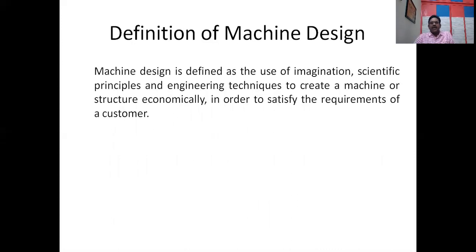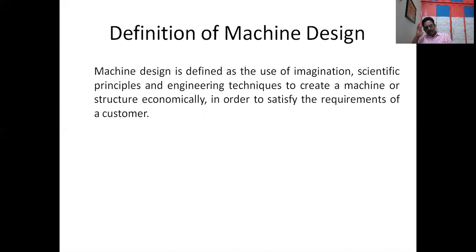Machine design is defined as the use of imagination, scientific principles, and engineering techniques to create a machine structure economically in order to satisfy the requirements of a customer. Oh, what a beautiful definition it is. Yes, machine design is defined as the use of imagination. First, you have to use your imagination, how it should be.